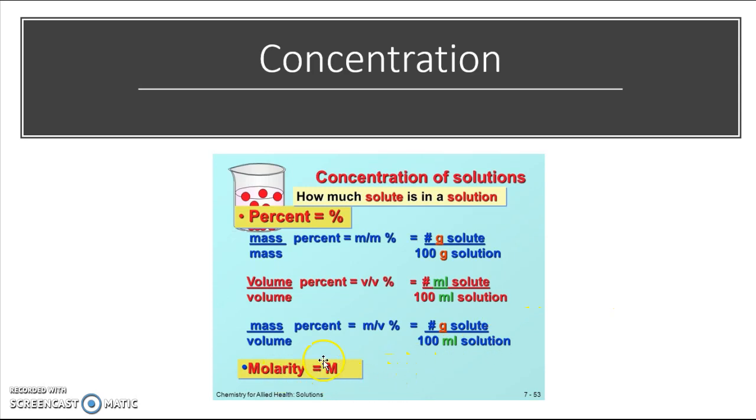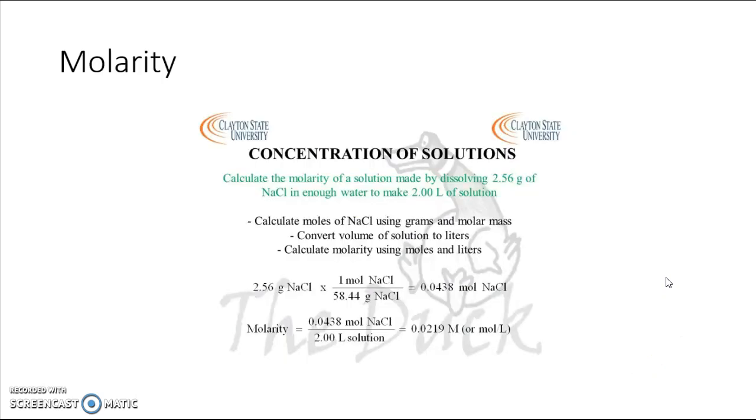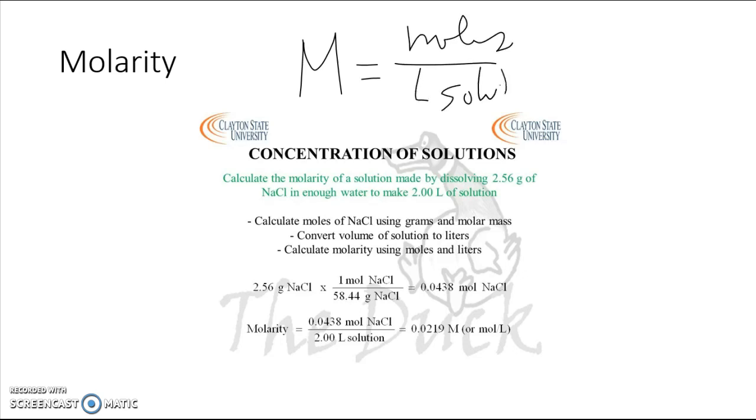Remember that also we have molarity. Molarity is another expression of concentration. The molarity of a solution is the number of moles per liter of a solution. Let's write here the formula. Molarity is equal to moles over liter of solution.